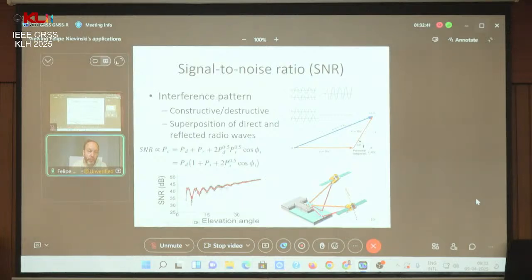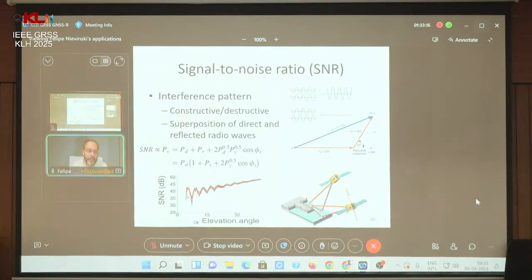And superimposed on this polynomial trend, you have oscillations. In the oscillations, you have more power when there is constructive interference and less power when there is destructive interference. And the signal may vanish during the destructive interference to the point that the receiver will have trouble keeping track of it.